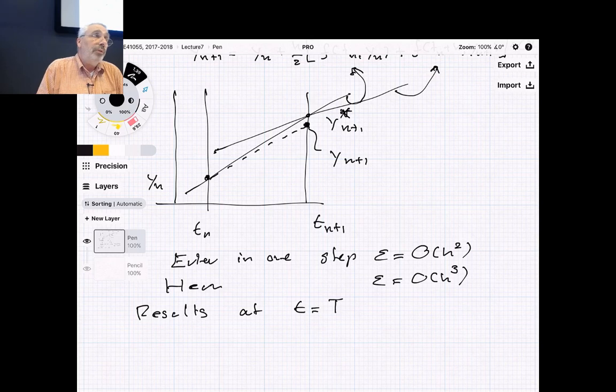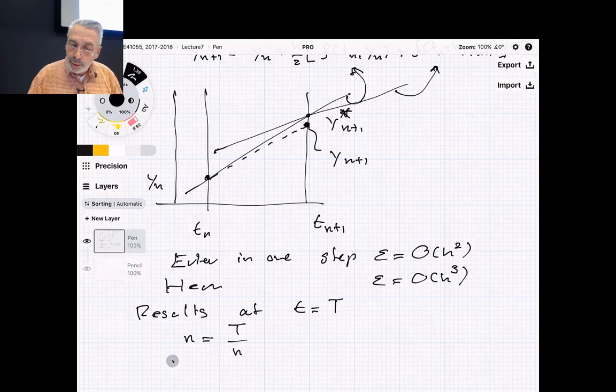If you refine your step, you have to do more steps. The more you refine your step size, the more local errors you make. That could go wrong, right? Because then you think you're getting more accurate, but you're not. So how many steps do you have to make? The number of steps is the total time divided by the step size h.